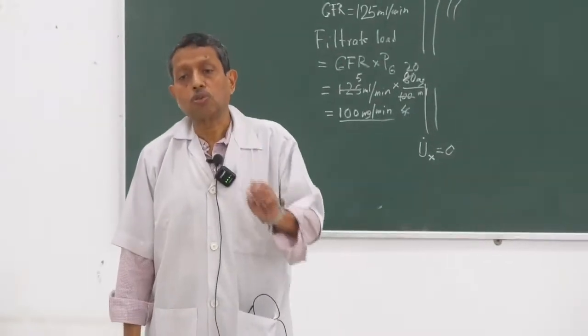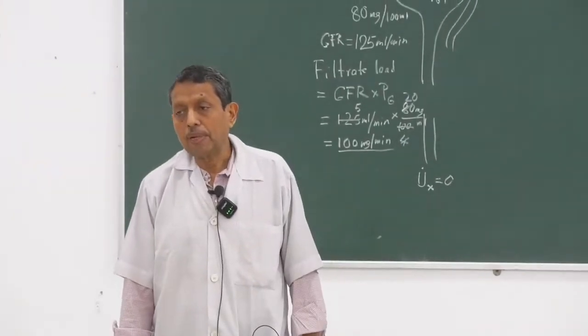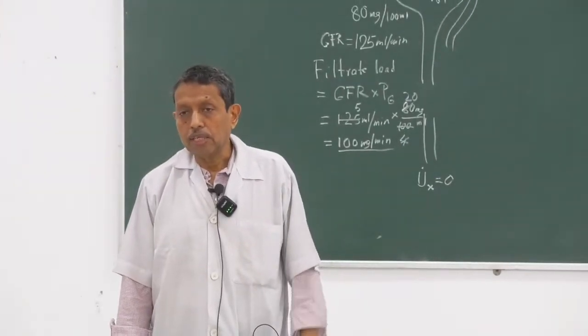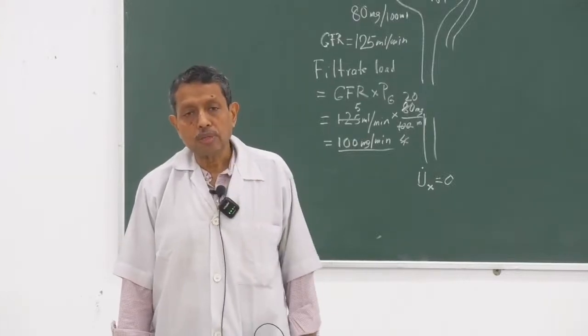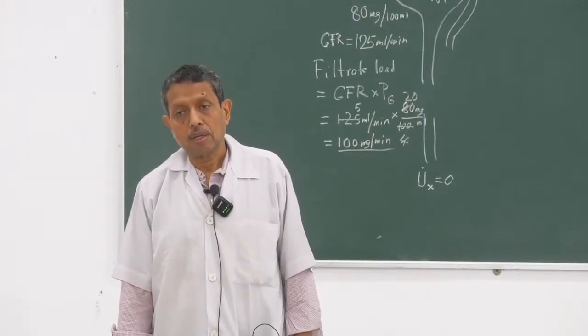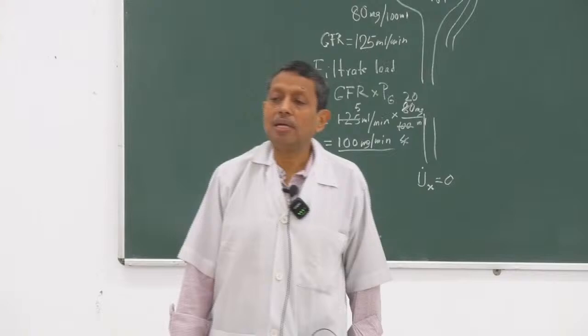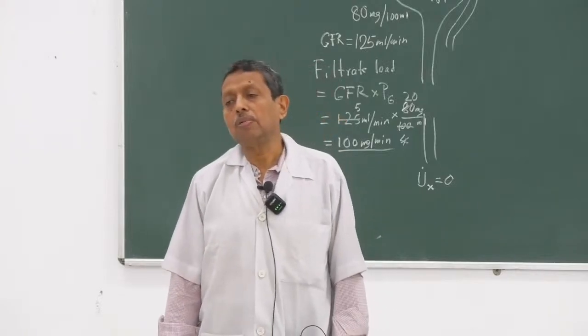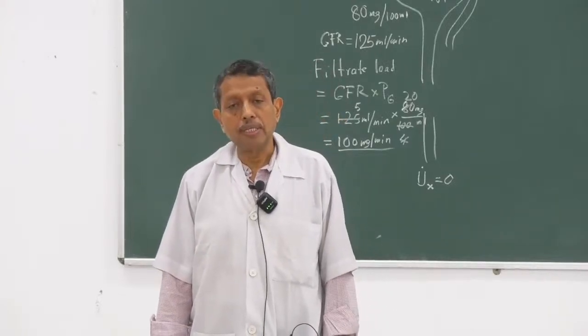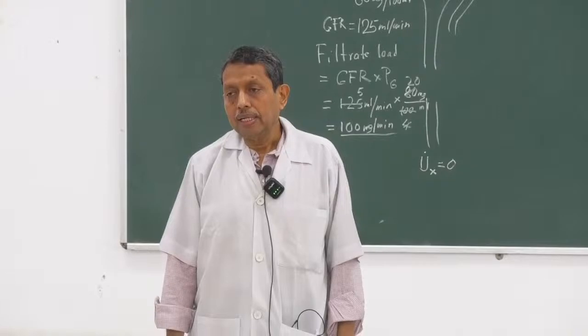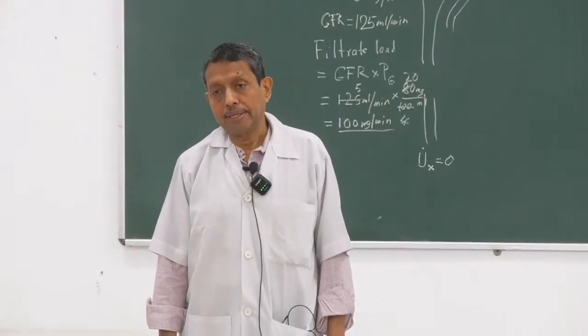What is the filtered load of sodium in different units? Then you consider the plasma sodium into GFR. Per day, what is the filtered load of sodium? Then it will become equal to 140 milliequivalent per liter into 180 liter per day.